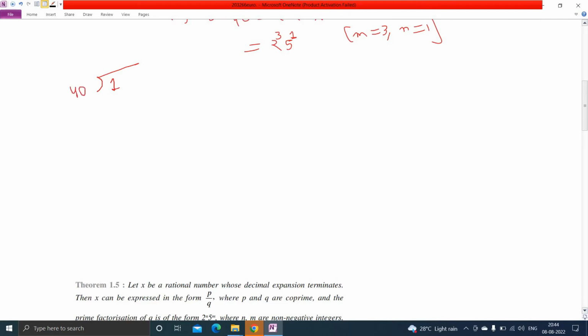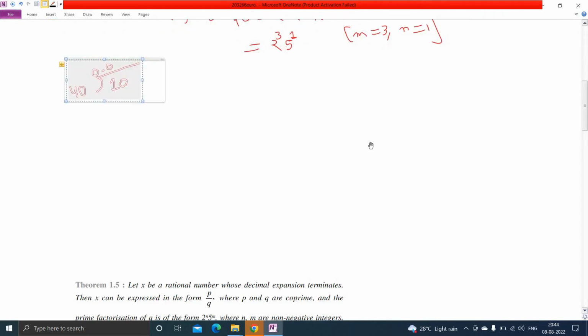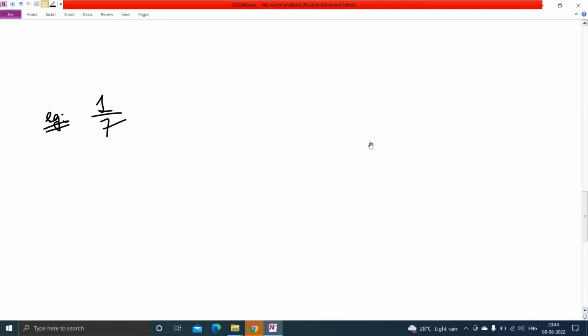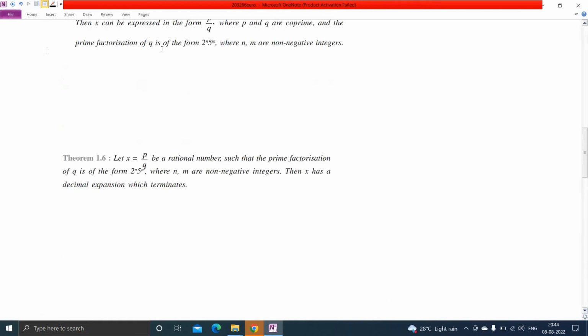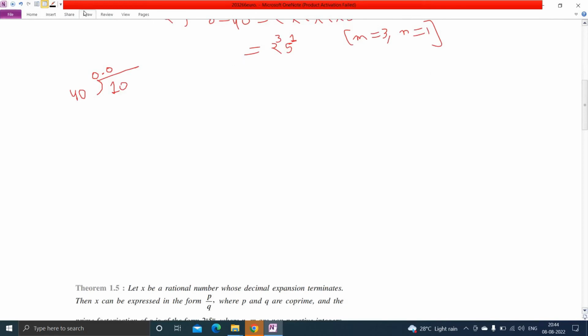I just need to put a point here, then 0 will come, then again I need to put 1 0 here. No, I think I have not divided it, so no worry, I will divide it again, so we will get to know what answer we are getting here.